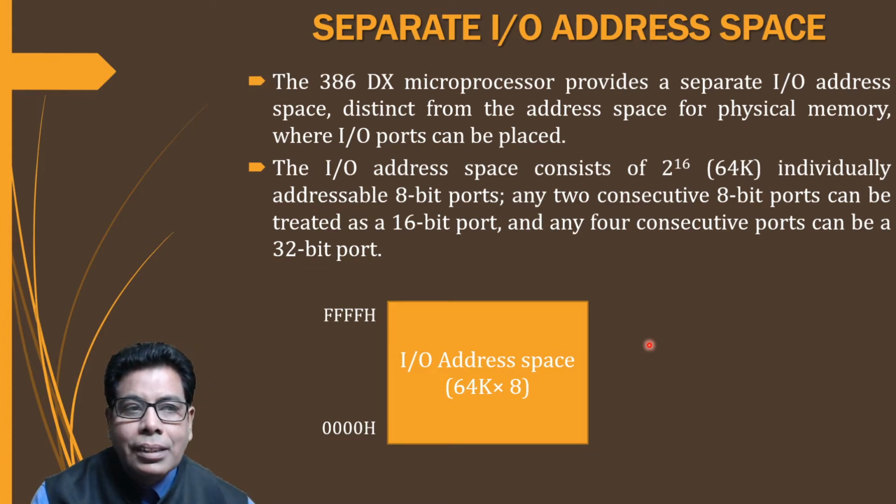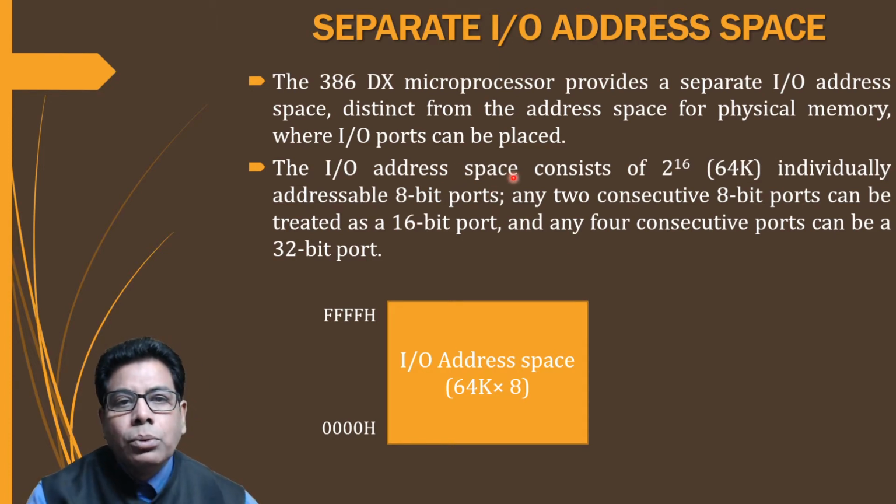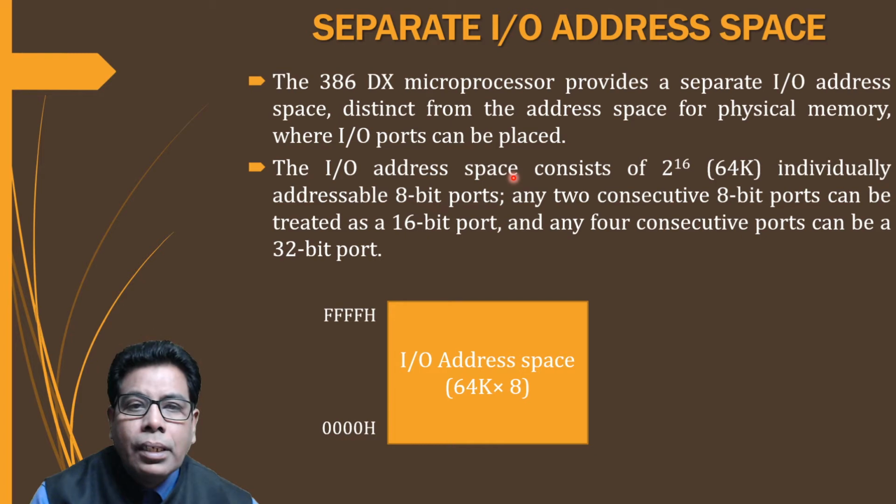So the physical memory is 2^32, that is 4 GB. And here the address space is 2^16, that is 64K, and individually addressable 8-bit ports are there. That is, the number is 64K.